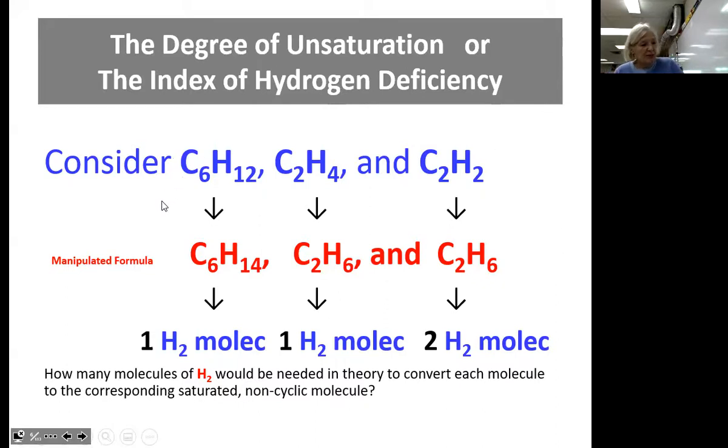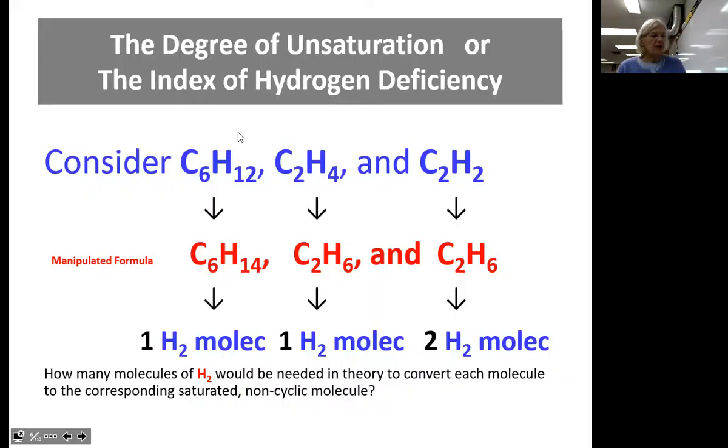Then that is much easier to look at to determine how many hydrogen molecules you need to add to make a saturated compound. So when you're given the molecular formula, I rewrite the formula, manipulate it to make it into a saturated non-cyclic molecule.